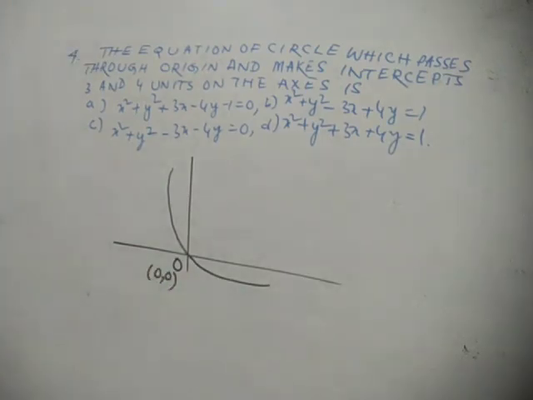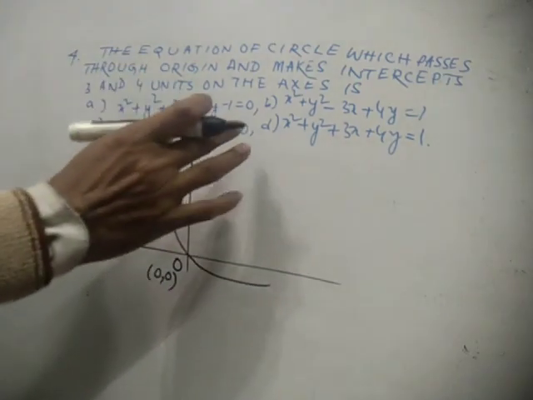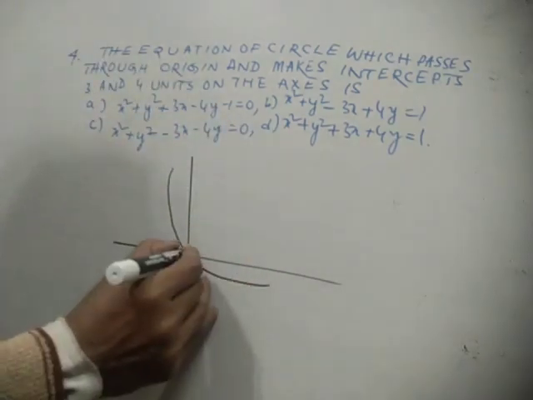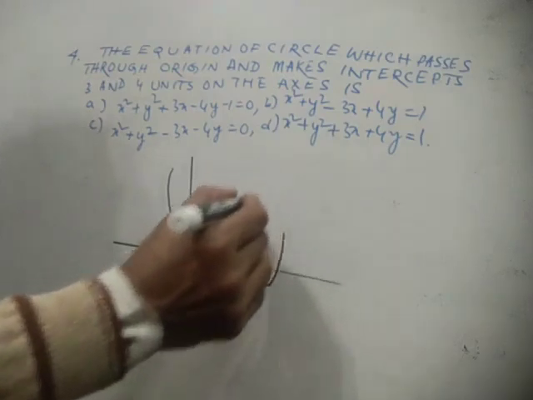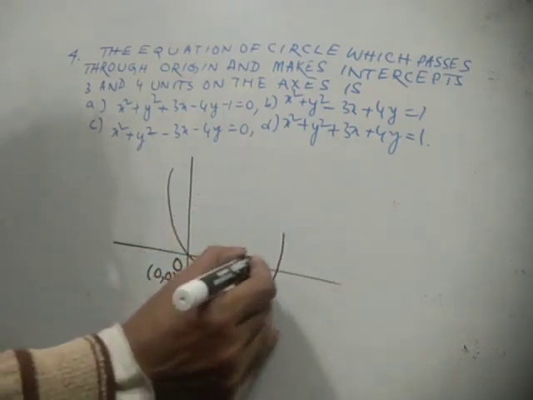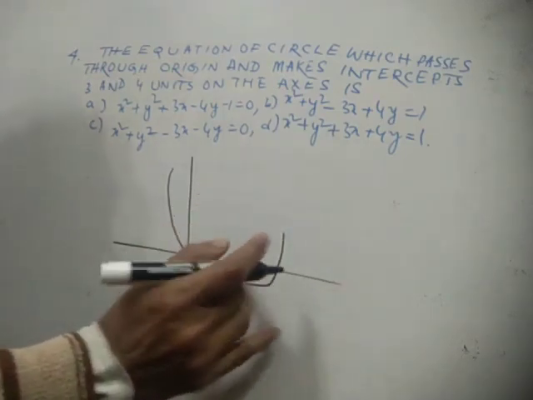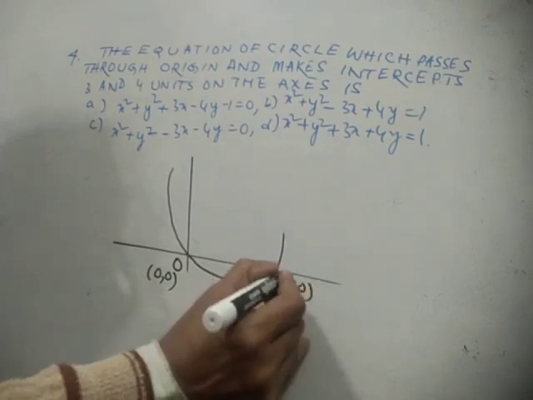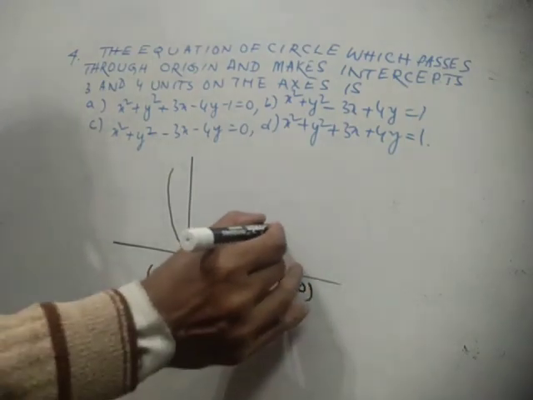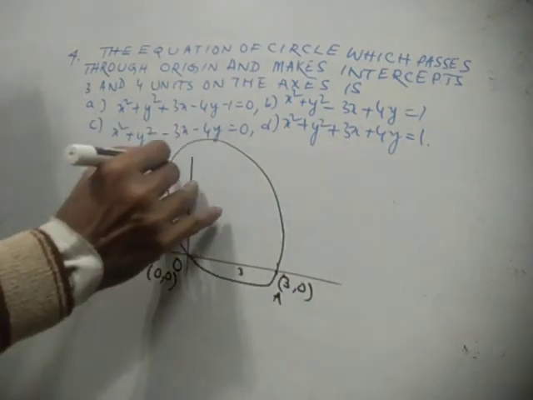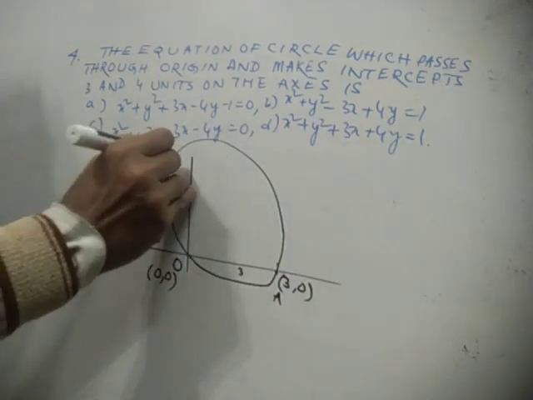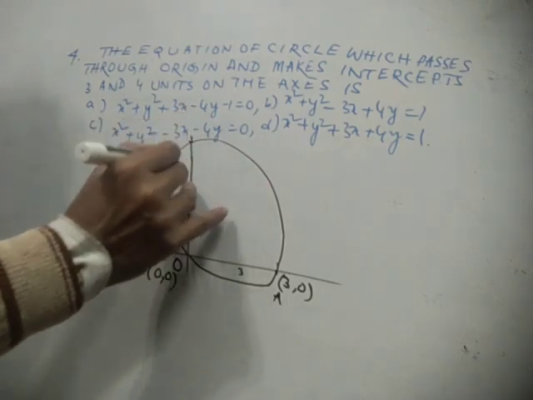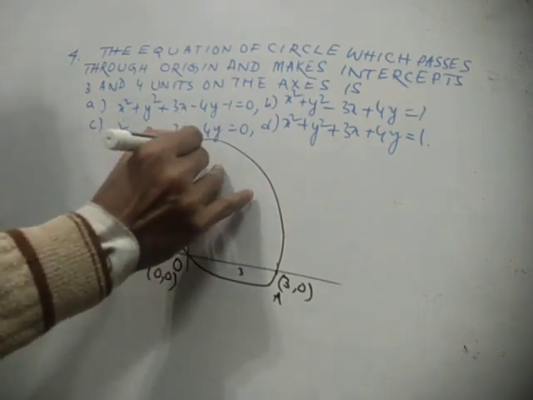If we draw the x-axis and y-axis, the origin is the (0, 0) point, and the circle is passing through that point. From O, meaning the origin, to the point where it cuts the x-axis will be the x-intercept. The x-intercept is given as 3 units. That means the point where it cuts the x-axis, the A point, is (3, 0).